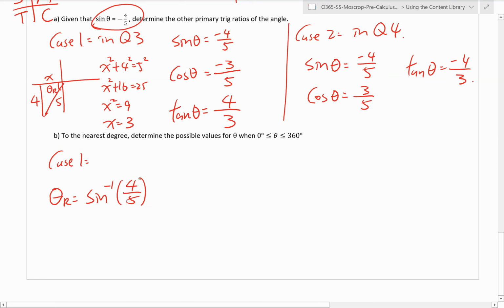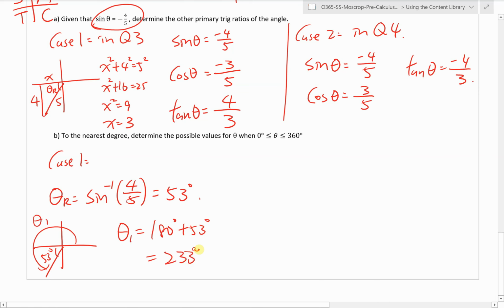And recall, when you take the inverse trig ratio, you always take the inverse of the positive value. So inverse sine of 0.8, to the nearest degree, is 53 degrees. So here's 53, here is theta 1. This will be 180 plus 53, which is 233 degrees.